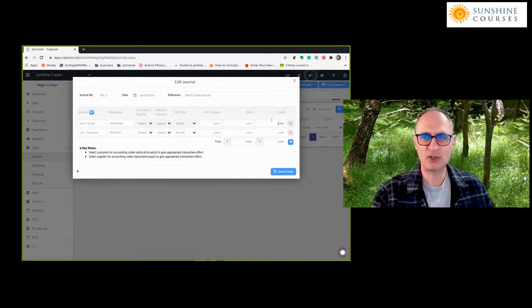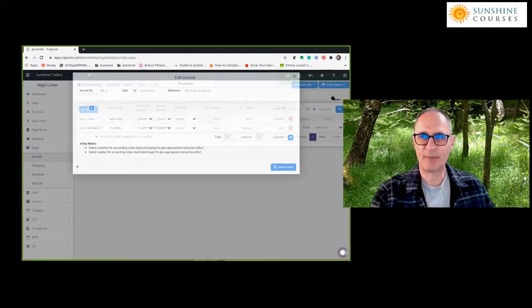I'm going to reduce stock by £3,000 and transfer that to purchases, where I'm going to debit purchases in this month. So I've credited stock, reduced my stock, debited purchases, created the cost in the current month. And if I save and close this, I've now entered the transaction.